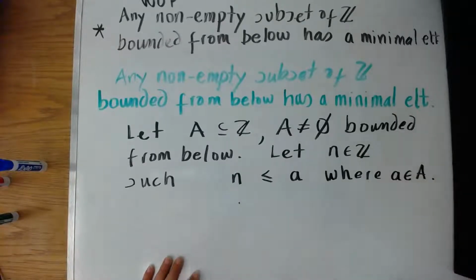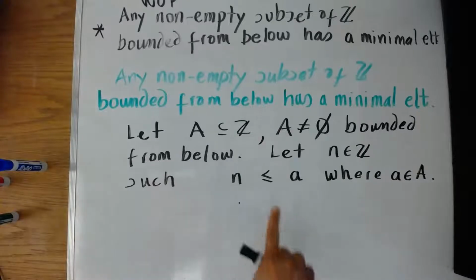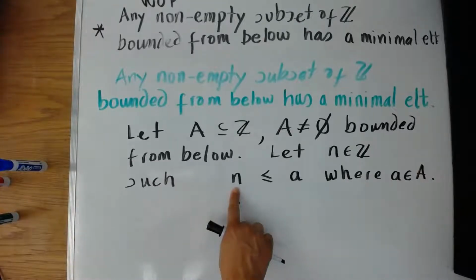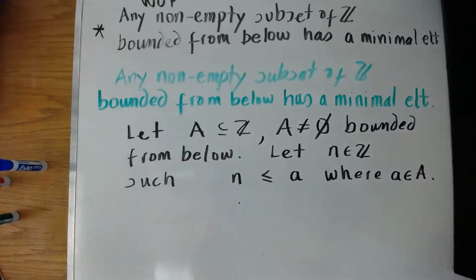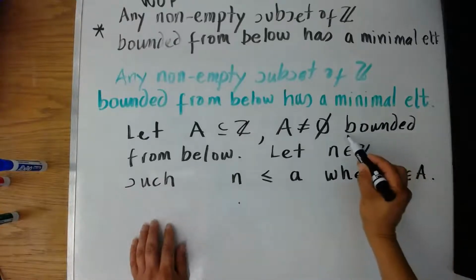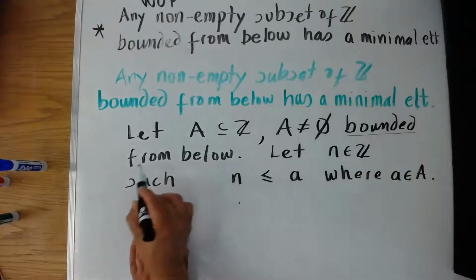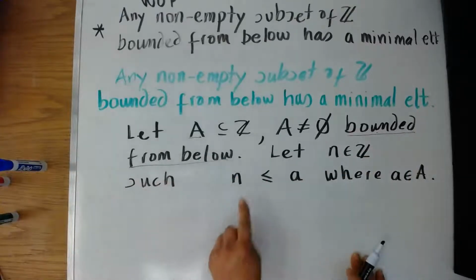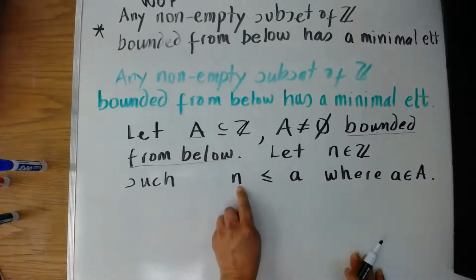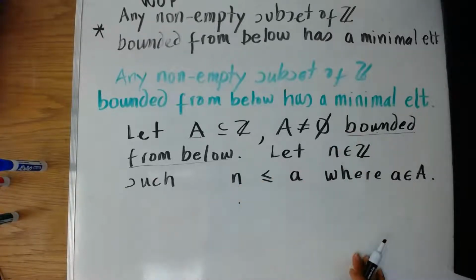Now let me pause here and explain what I picked. I picked an integer which is less than every element of A. Is that choice legal? The answer is yes, because that is my hypothesis. My set A is bounded from below. So the existence of n is ensured by that.